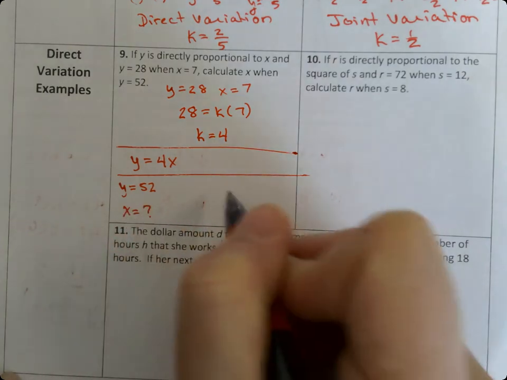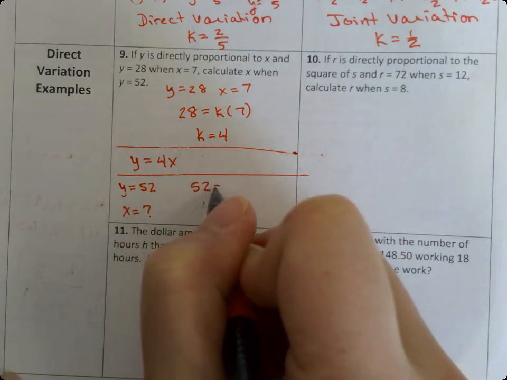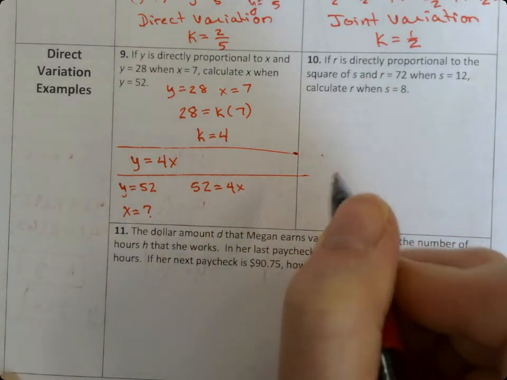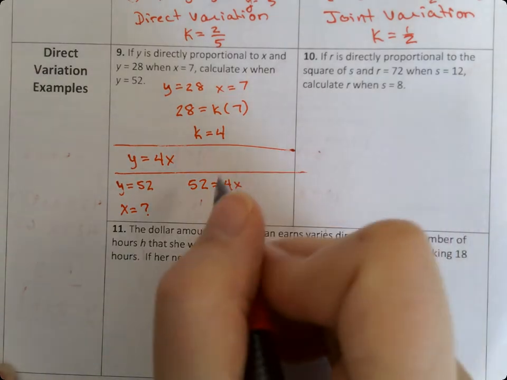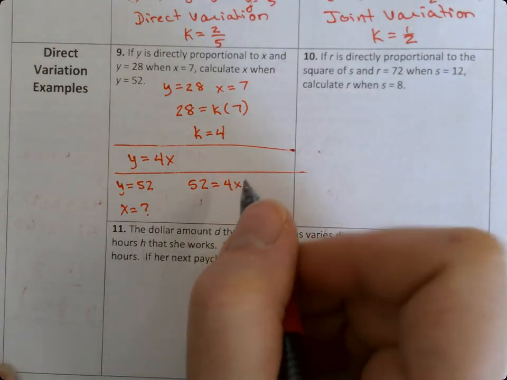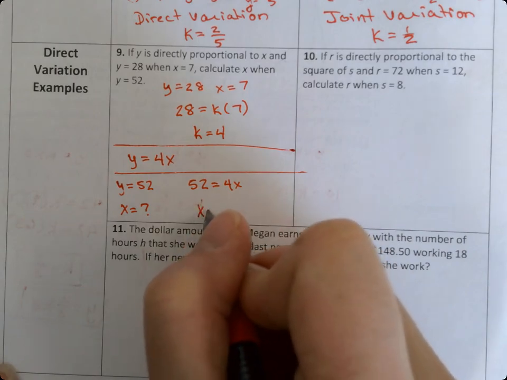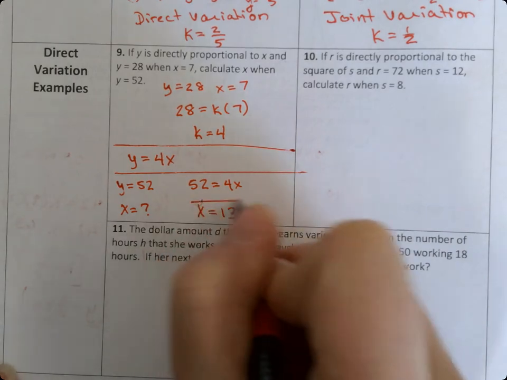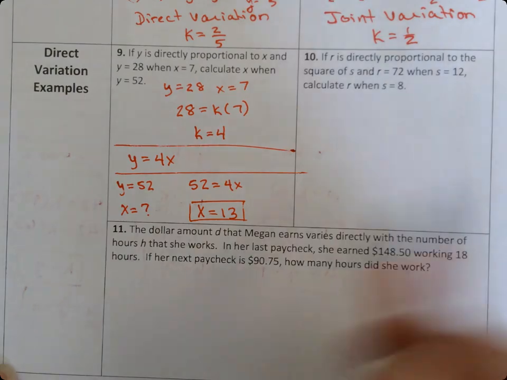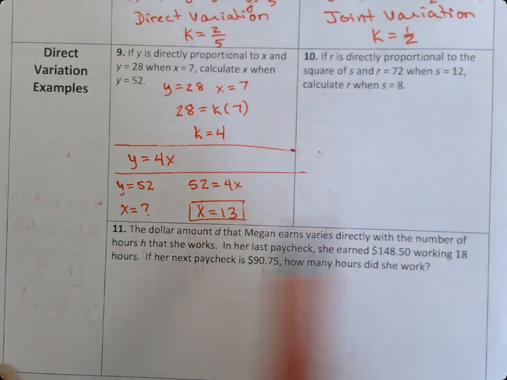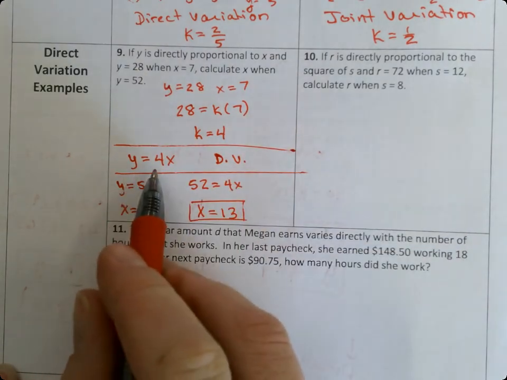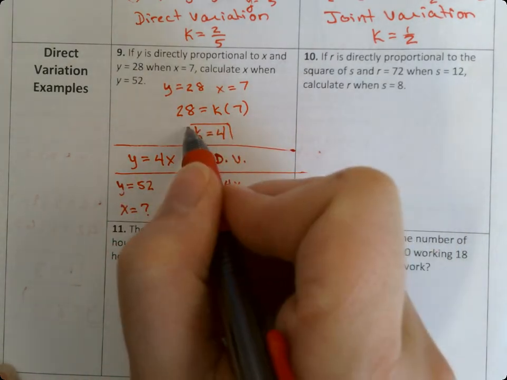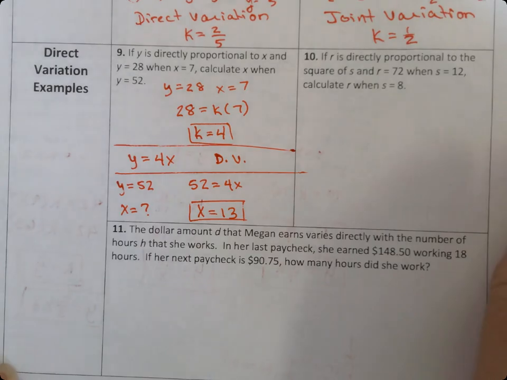So 52 is equal to 4x, divide by 4, and what do you get? Well, in case you didn't know this, 52 divides evenly by 4, and it is 13. And that's all I asked for, so you could do it that way. The direct variation equation was y equals 4x. The direct variation constant, or k, was 4. That's one way to do it.